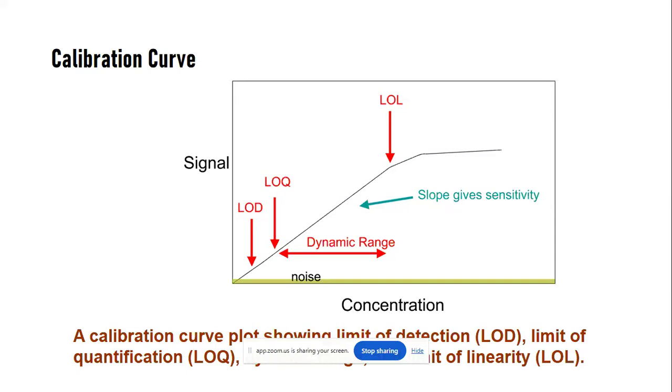In very simple language, the limit of detection is the lower limit and the limit of linearity is the higher limit. So our sample value is supposed to remain between the LOD and the upper limit. These are very important.